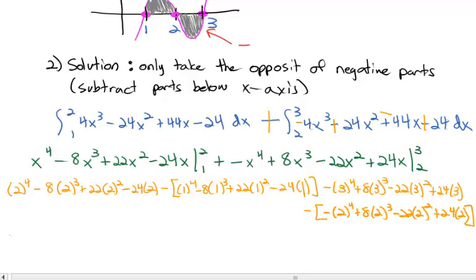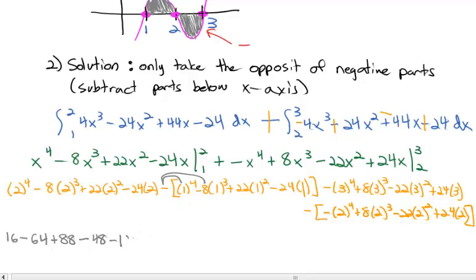2 to the 4th, that's 16. Minus 2 cubed is 8, which gives us 64. Plus 2 squared is 4 times 22 is 88. Minus 24 times 2 is 48. And when we distribute the negative, we get minus 1.